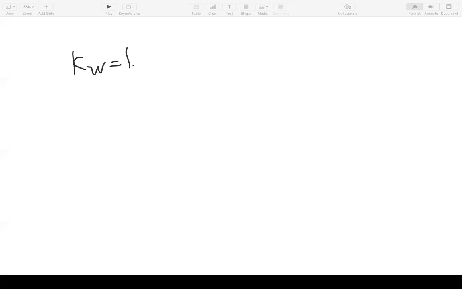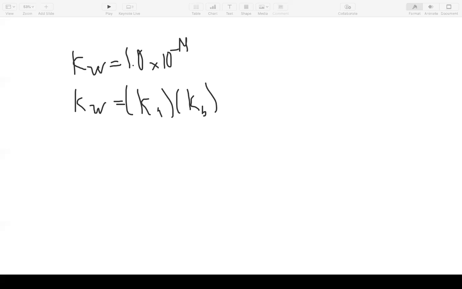Yeah, so it'd be 1.0 times 10 to negative 14, which simplifies to 10 to negative 14. We could also say Kw equals Ka multiplied by Kb. So that's useful for, if we're given 2, we can solve for the third.